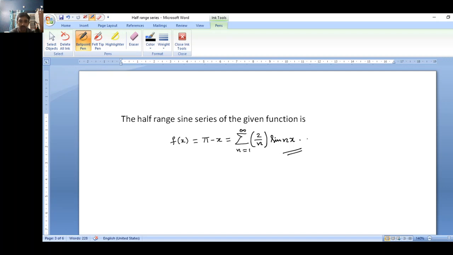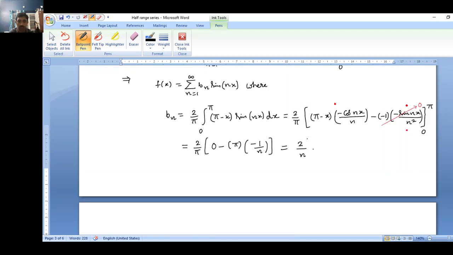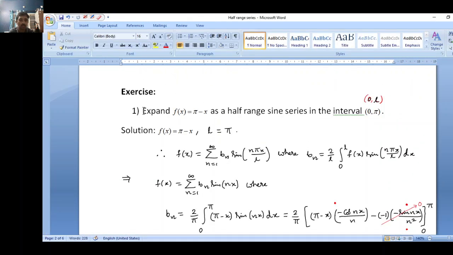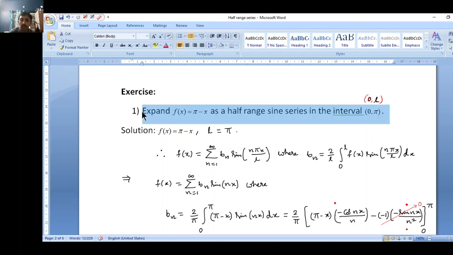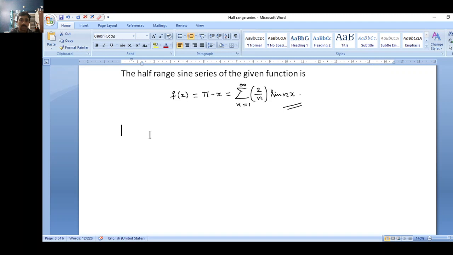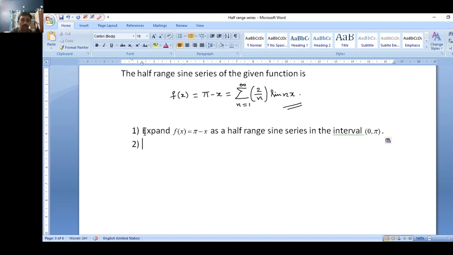Okay. Now I would like to work out one more problem wherein I'll explain how to expand or how to obtain the half range cosine series expansion. So I would like to take up this problem. So question, I'm going to modify it a little further.